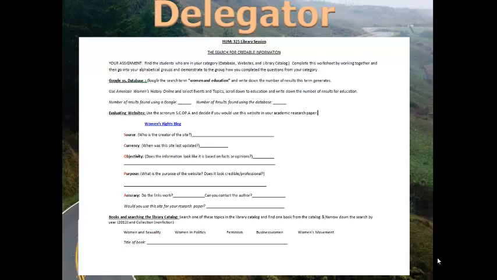The delegator then acts as a resource for the students who need help, and this teacher checks up on the student's progress. A perfect example of the delegator style is conducting a jigsaw classroom. Take a look at this worksheet that I have handed out in the past that explains the jigsaw method.